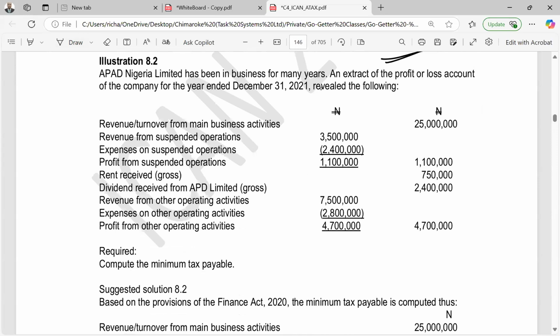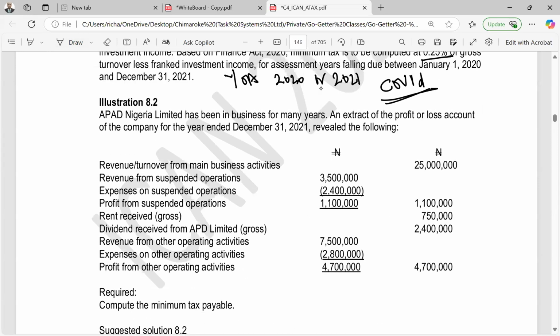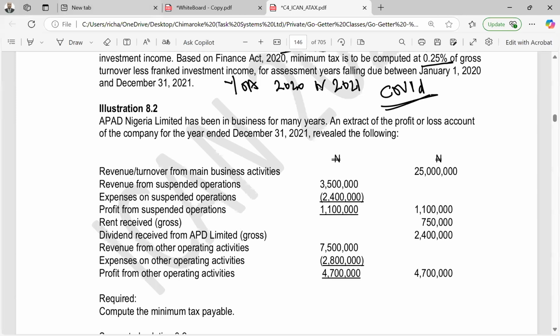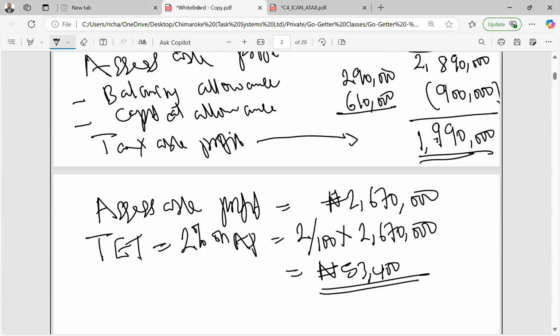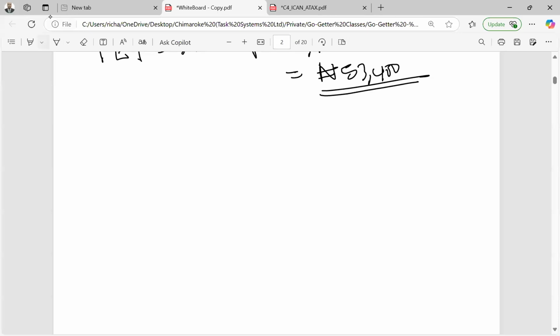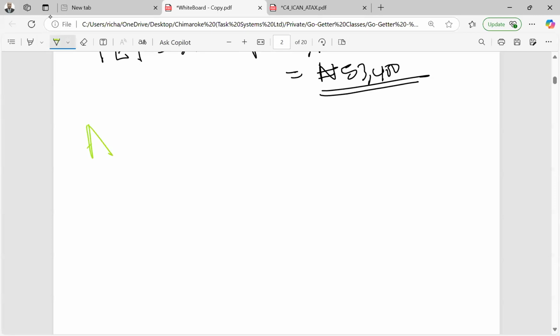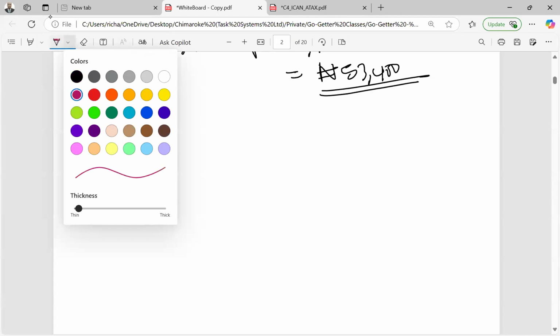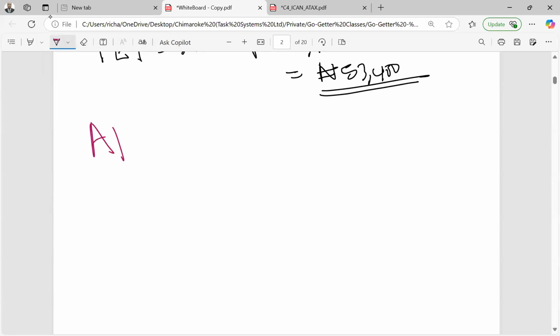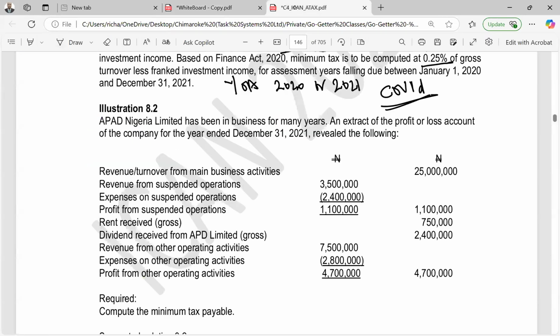Okay, so let's look at this illustration. ATAX Nigeria Limited. Let me take the name down because we are going to be looking at this question. ATAX Nigeria Limited has been in the business for many years.